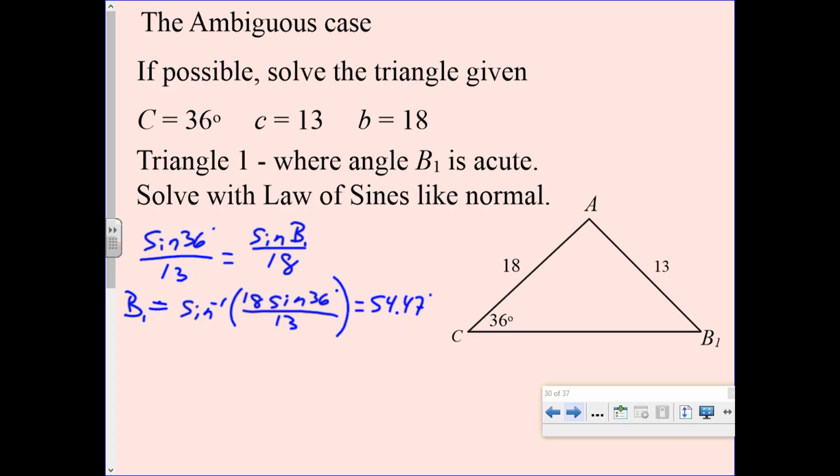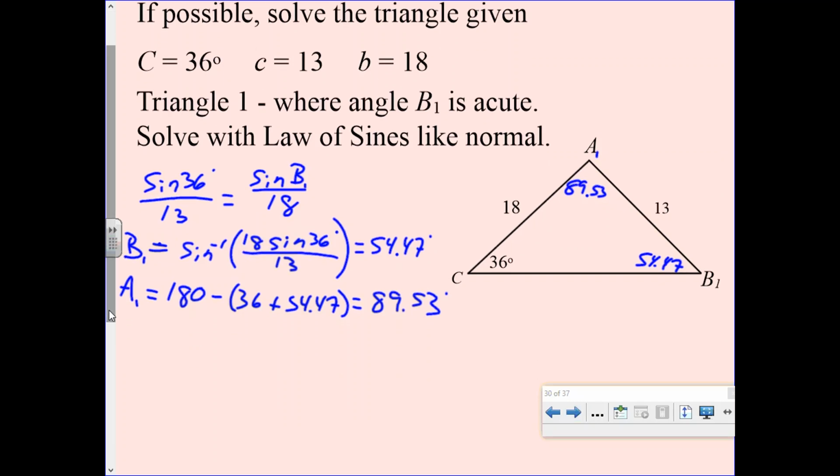We find angle A1 just by subtraction. So we've got 180 minus 36 plus the 54.47. And so my angle A1 becomes 89.53. So I can fill those in real quick. And then side A, the way you find that, again, is normal law of sines.